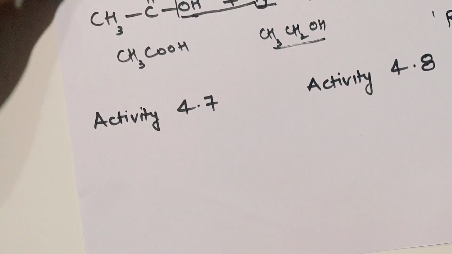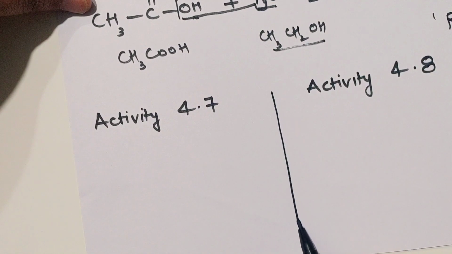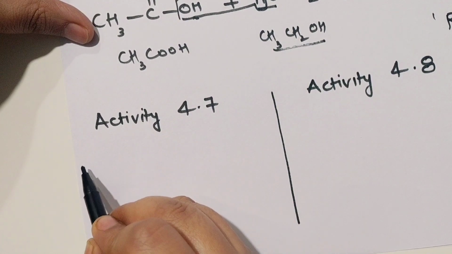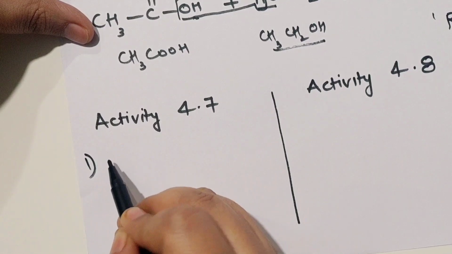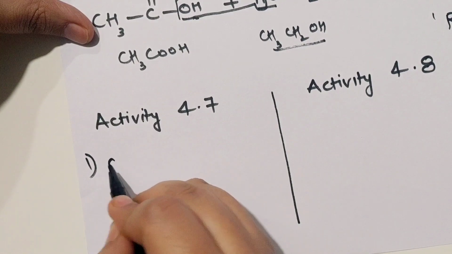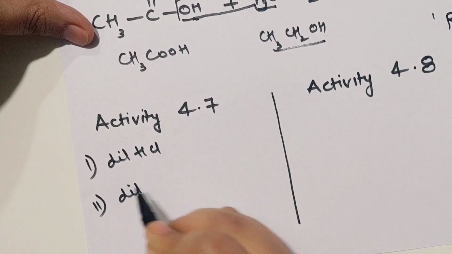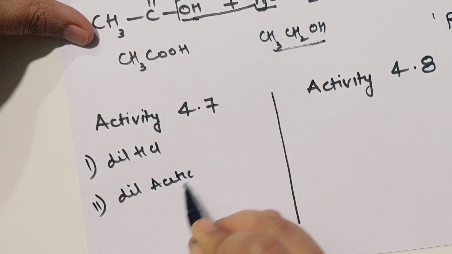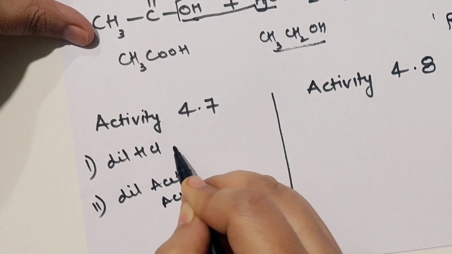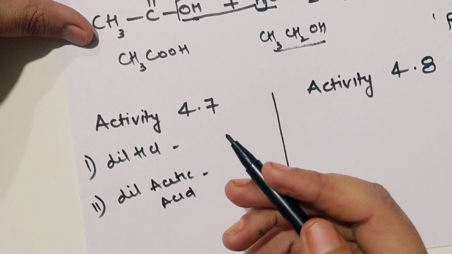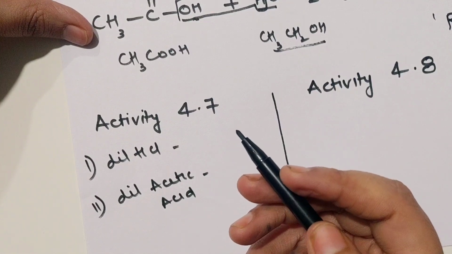The first activity is you have to tell the color of pH paper in case of two acids. You have dilute HCl and then you have dilute acetic acid. You have to treat pH paper with these two acids and then you have to tell the color.